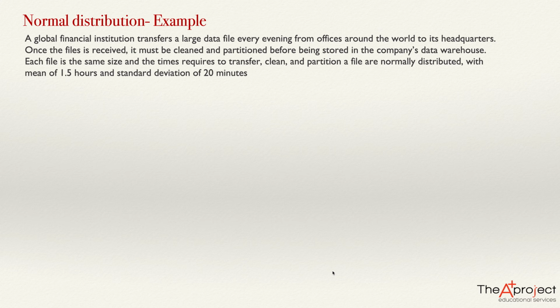Each file is the same size and the times required to transfer, clean, and partition a file are normally distributed, with a mean of 1.5 hours and a standard deviation of 20 minutes. With this information, I would like to answer the following questions.